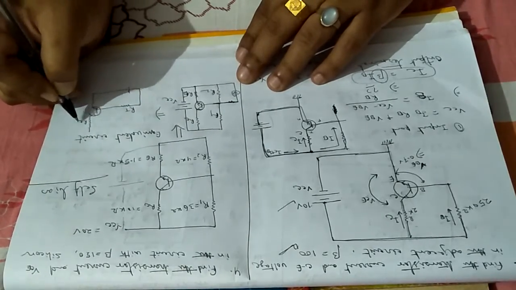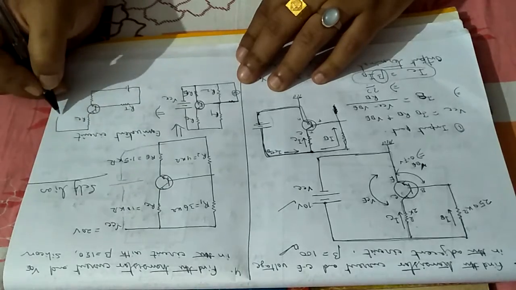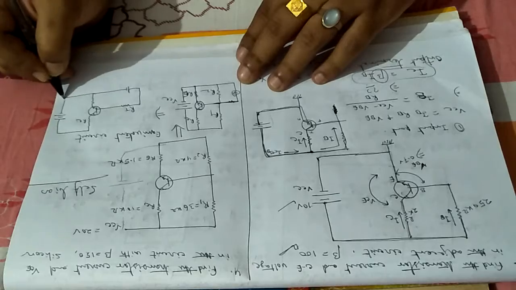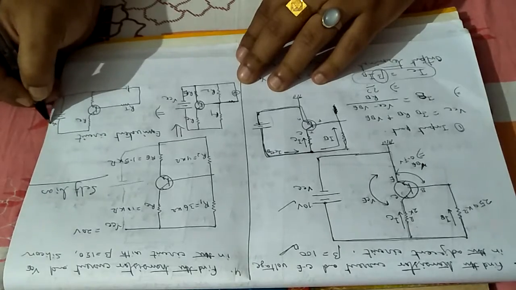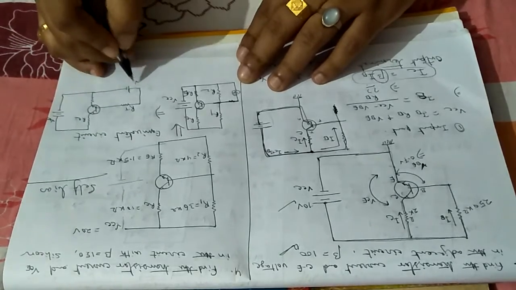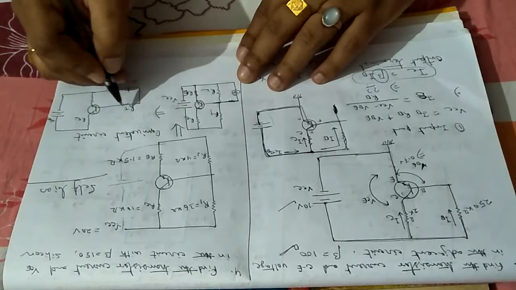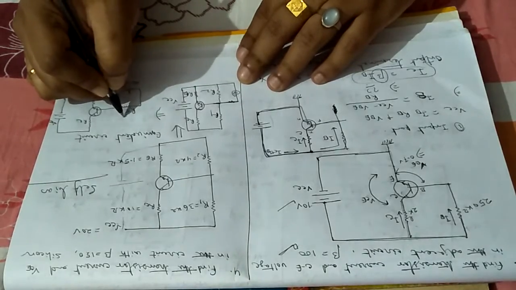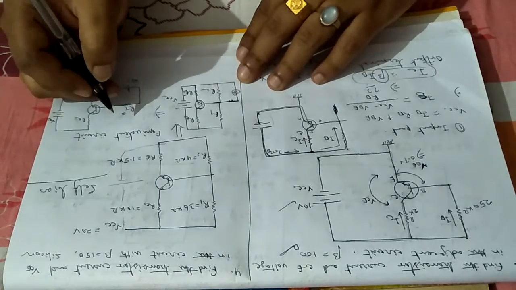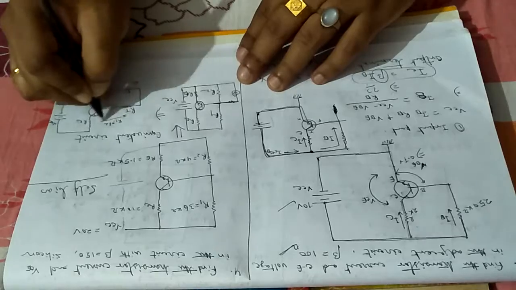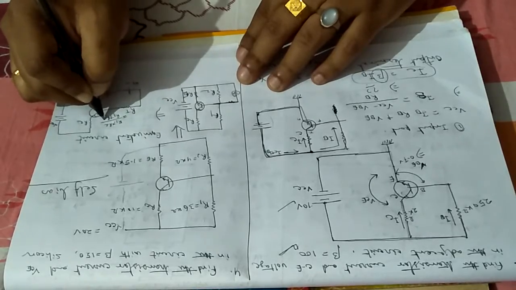There is RC, this will be VCC, and this will be VT, Thevenin's equivalent voltage. This is RT, Thevenin's equivalent resistance. What was the value of Thevenin's equivalent resistance? The value was R1 into R2 divided by R1 plus R2.